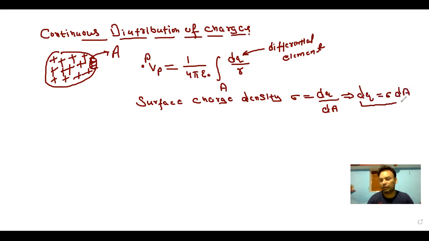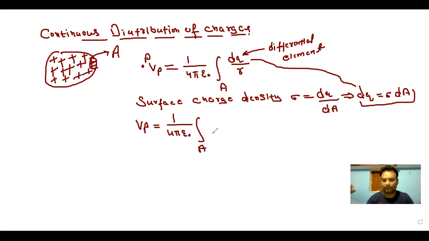And finally, we will place the value of dq over here. So we will find Vp, the potential at P due to a large number of continuously spread charges over the area A. So this is the integral of sigma dA over A. In this way, we can find the potential due to a large number of charges distributed over an area.